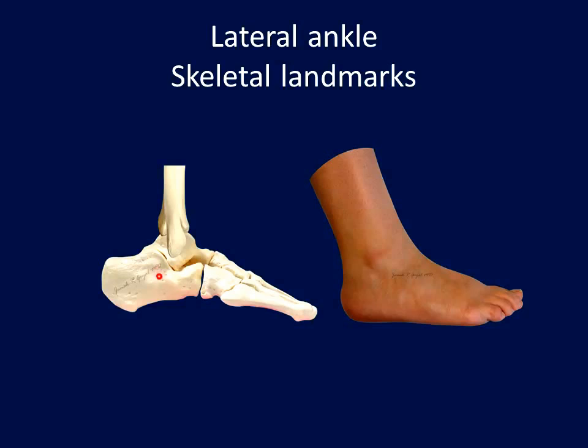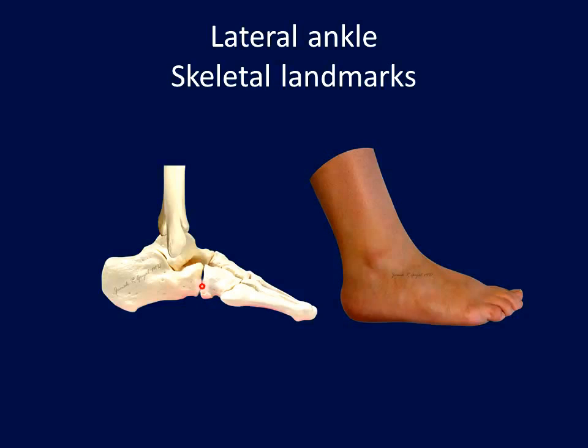The calcaneocuboid joint is the joint between the calcaneus and the cuboid and lies about 2 centimeters proximal to the tuberosity of the fifth metatarsal bone.